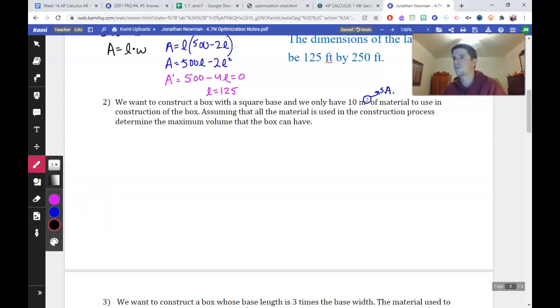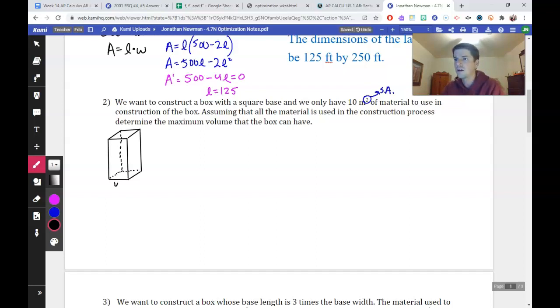Let's draw a picture of this box. It's a square box, which means on the base we have a square. Now I'm tempted to draw a cube, but I'm not going to draw a cube unless I know it's a cube, because if there is another variable you need to assign, you need to make sure you assign that.